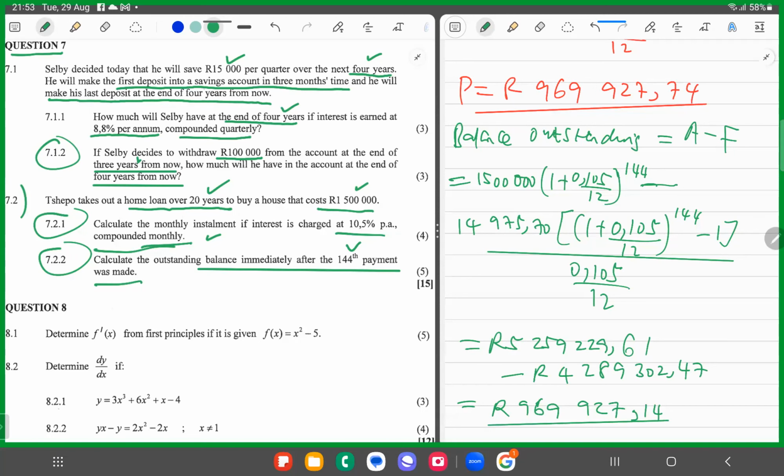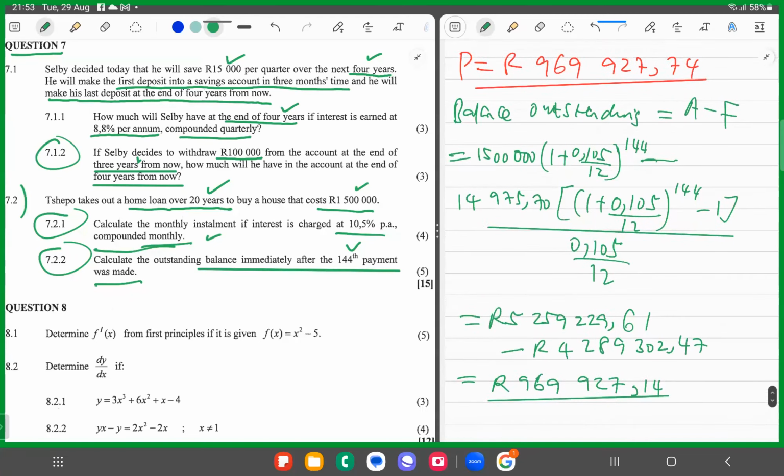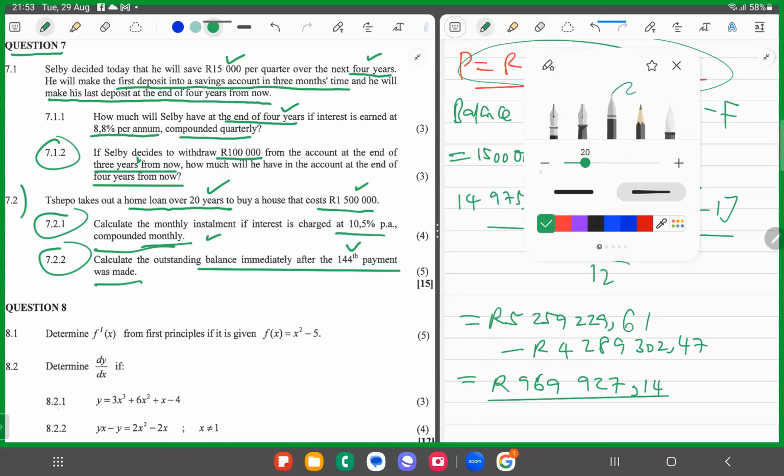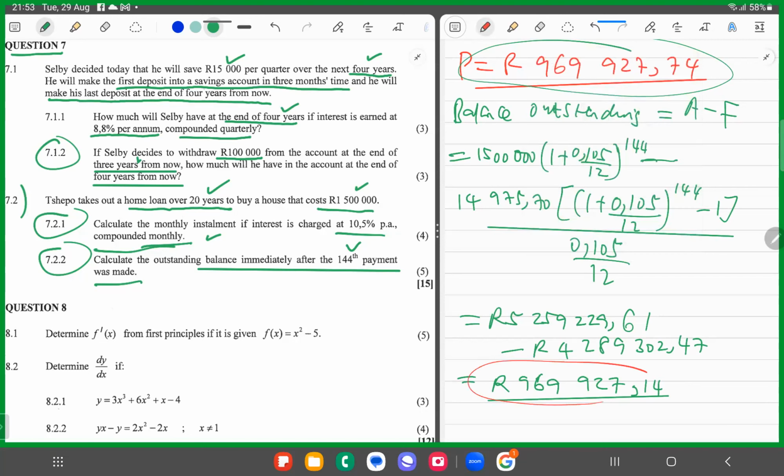Okay. Right, so this is the outstanding balance, or it is this, or you can use the other approach. Okay, so you are spoiled for choice here. So you can use any of the methods.